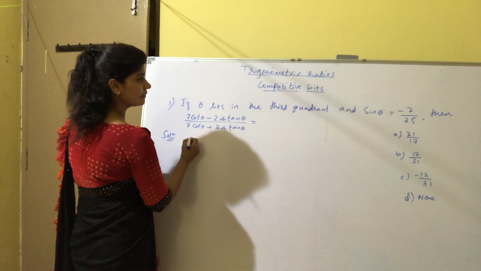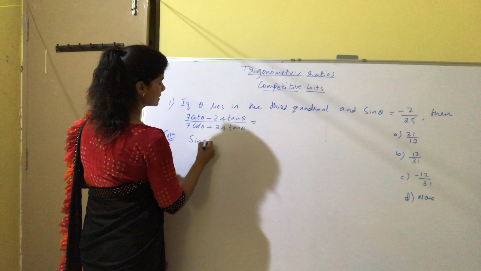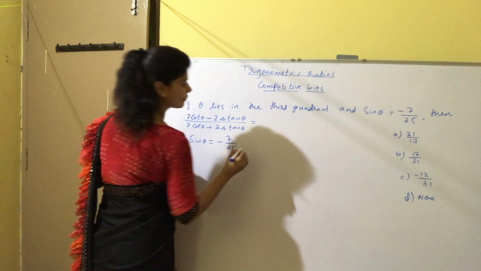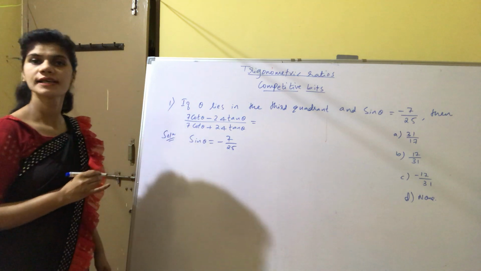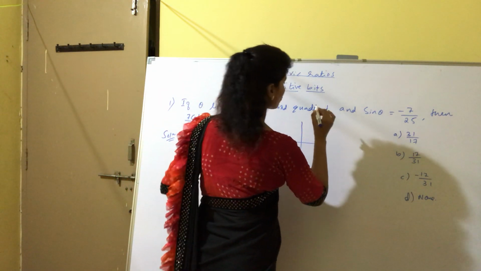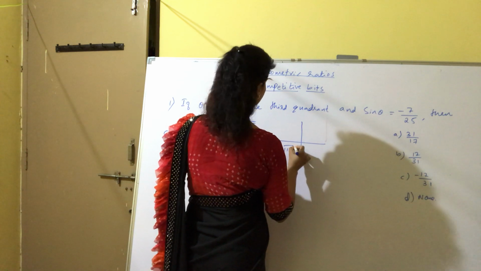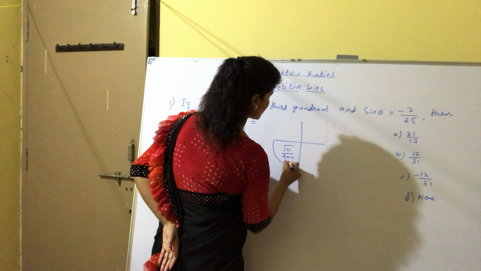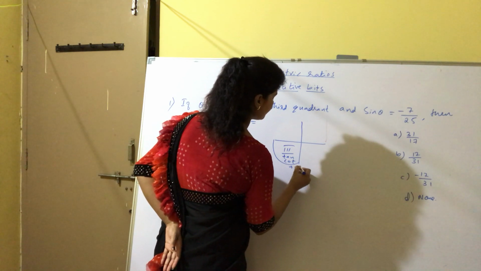So we are given that sine theta is equal to -7/25. Okay students, and we are also given that theta is lying in which quadrant? Third quadrant. In third quadrant we know that tan and cot are positive valued.